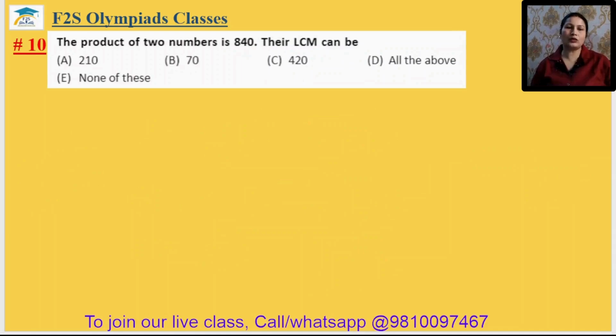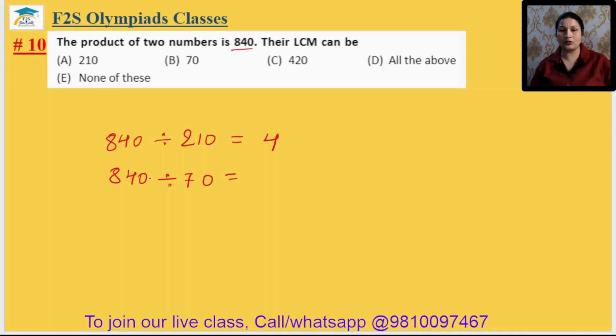Okay. Come to question number 10. The product of two numbers is 840. Their LCM can be. So 840 divided by 210, it will be 4 times. 840 divided by 70, it will be 12 times.